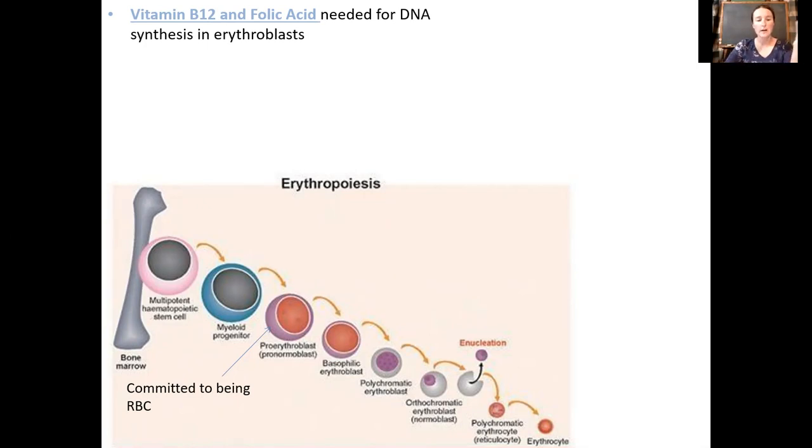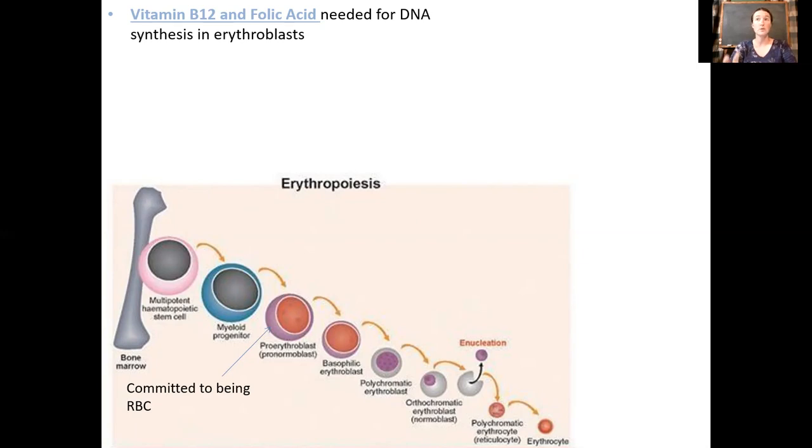Now from here, these proerythroblasts require a few different ingredients in order to ultimately become a red blood cell. A couple things that they need are vitamin B12 and folic acid. Vitamin B12 is a vitamin that you acquire through your diet, specifically eating animal products.